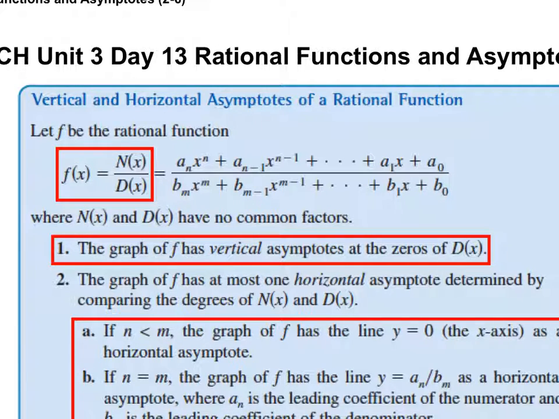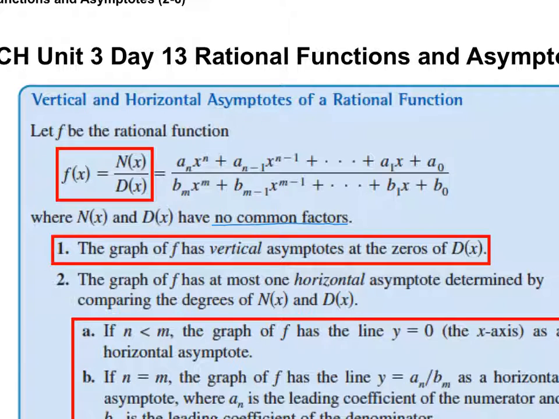And it says n of x and d of x have no common factors. All right? That's one thing that people sometimes overlook here, that to apply these rules, they have to have no common factors. Now we'll look in a minute at what happens if they do have common factors. We got to handle those first before we apply these rules.